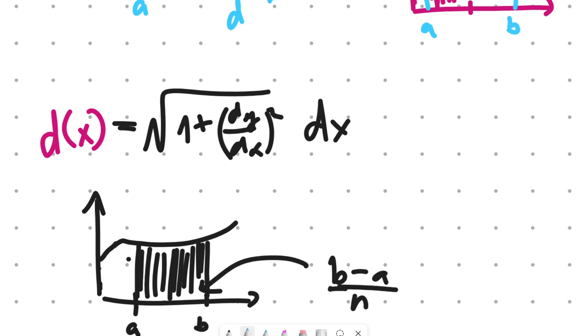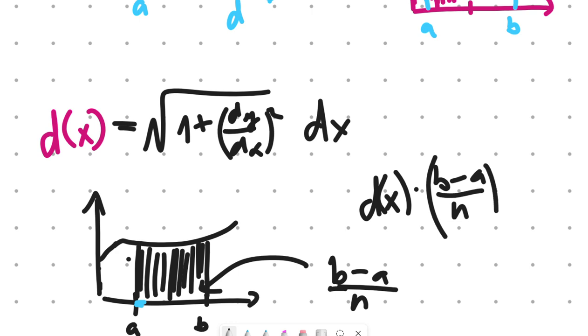So the width of each rectangle is going to be b minus a over n. Now we have many of them, so the rectangle surface area will be d of x times b minus a over n. I think I'm correct.